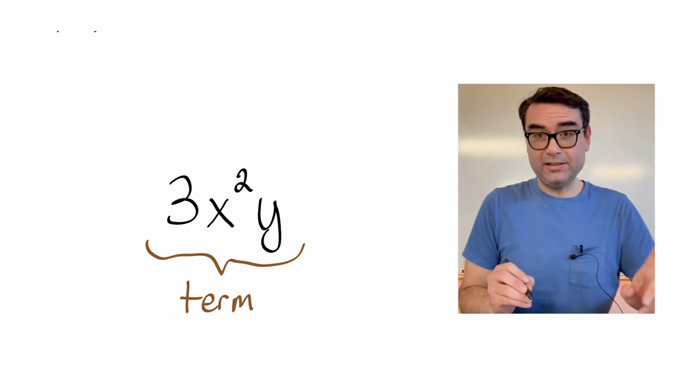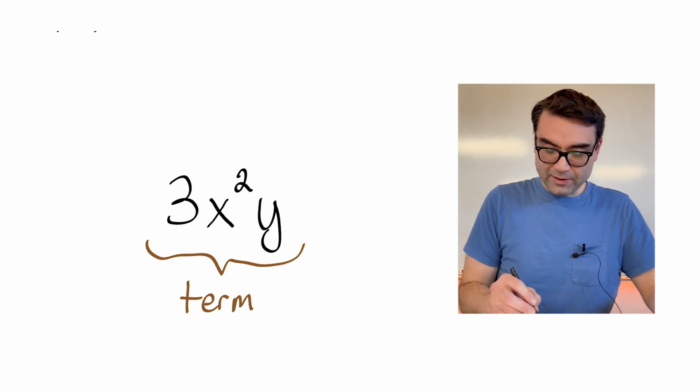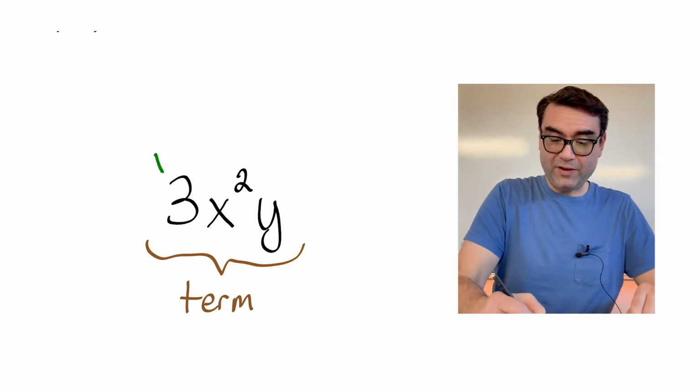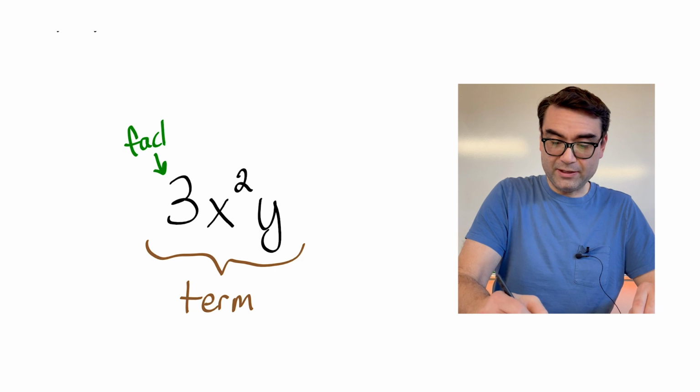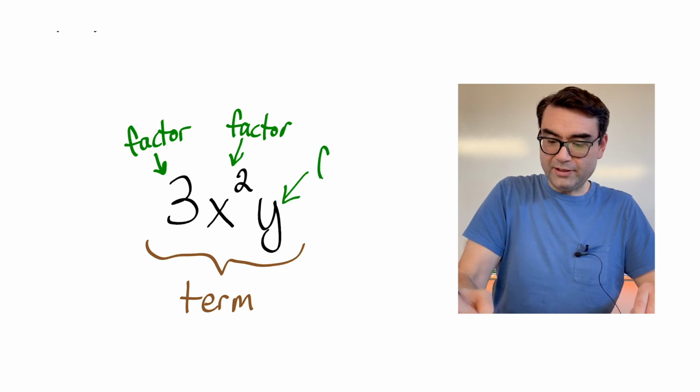And within that single term, you might say, well, what's up with the 3 and the x squared and the y? Those are not separate terms. These are each factors. So this is a factor of 3. This is a factor of x squared. And this is a factor of y.